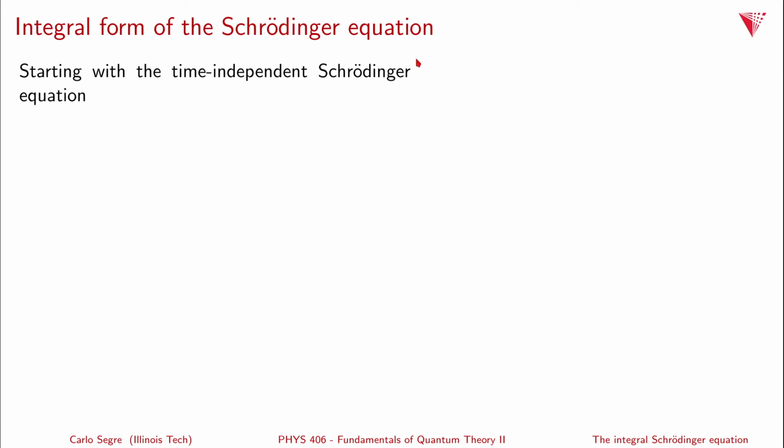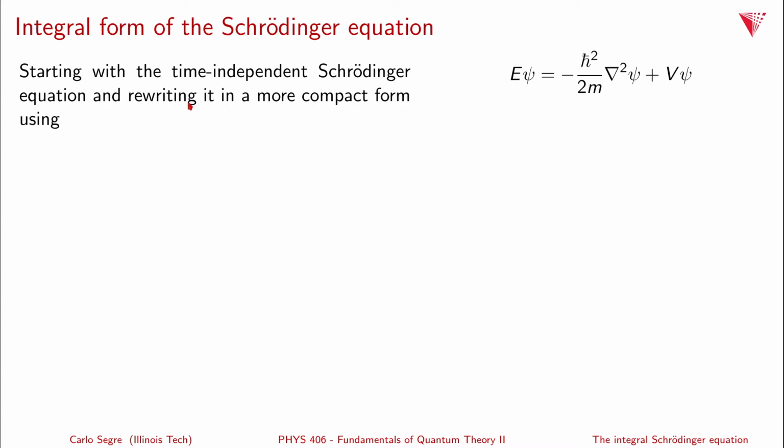If we start with the time-independent Schrödinger equation, we have E times psi is equal to minus h bar squared over 2m, the Laplacian del squared applied to psi, plus V times psi. We can rewrite this in a more compact form using k equal to the square root of 2mE over h bar, and capital Q equal to 2m over h bar squared times V times psi.